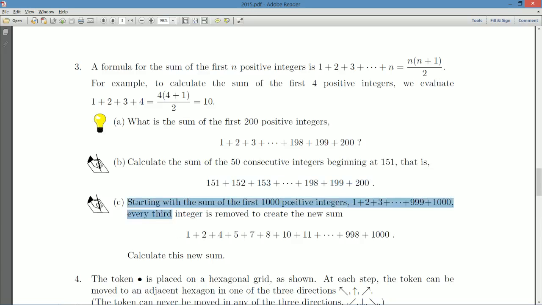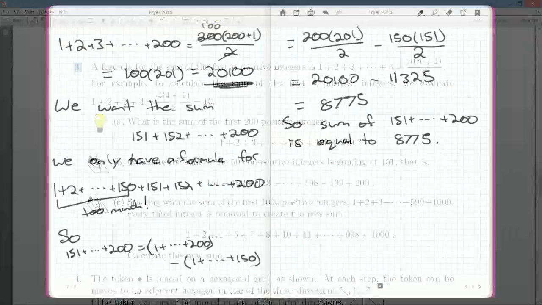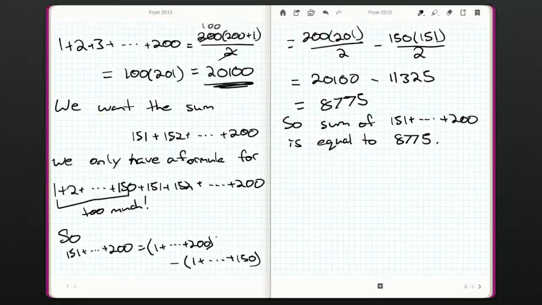So we might say, okay, if we were to try and use the formula on this, we'd need the sum of the numbers 1 to 1,000. But what have we taken out? We've taken out every third integer. And that might give us a little bit of a clue as to how to solve this. Right?